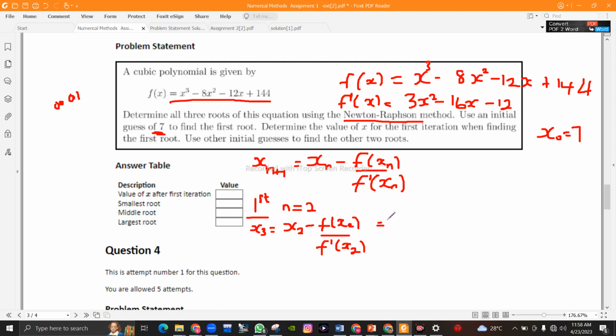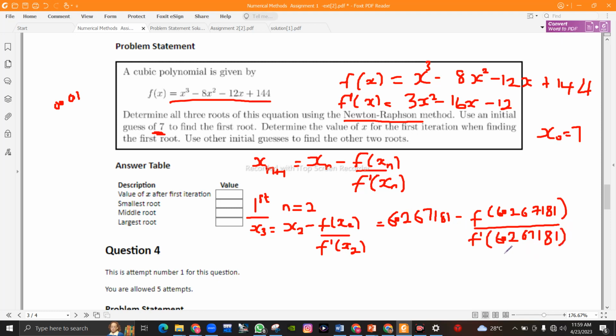Our x2 was 6.267181, minus f of 6.267181 divided by f prime of 6.267181.